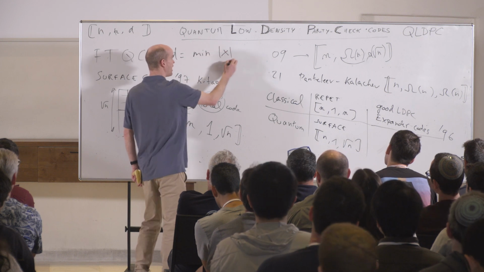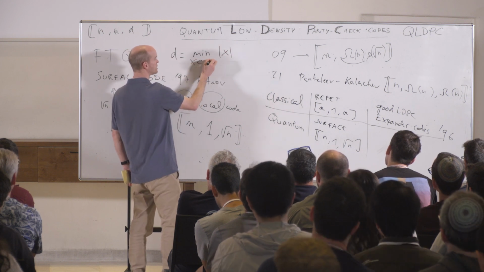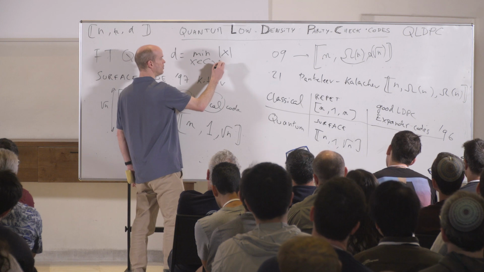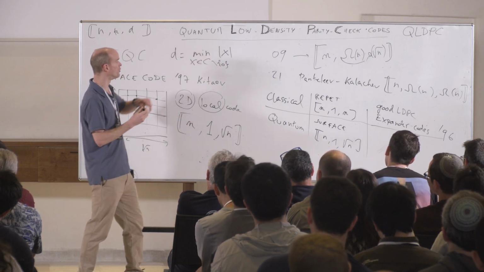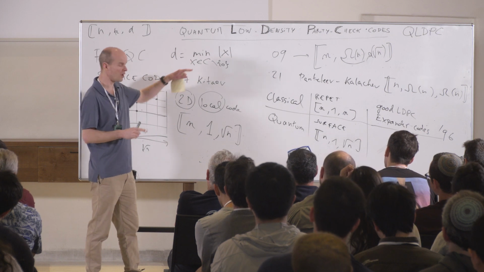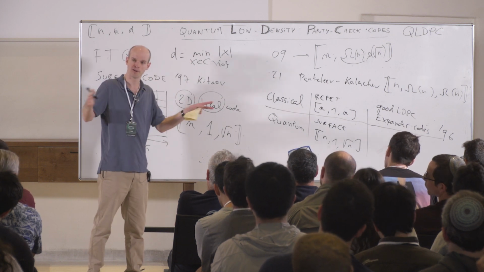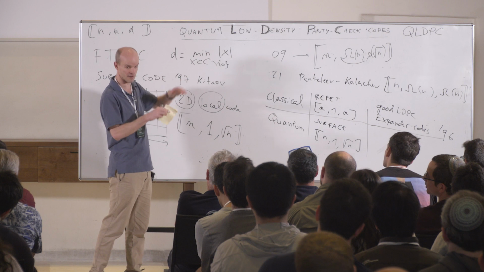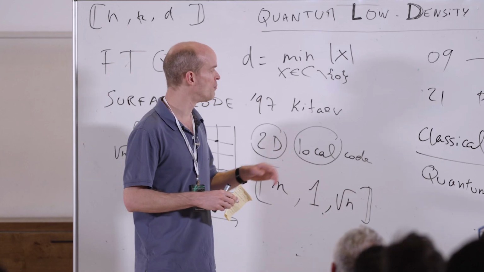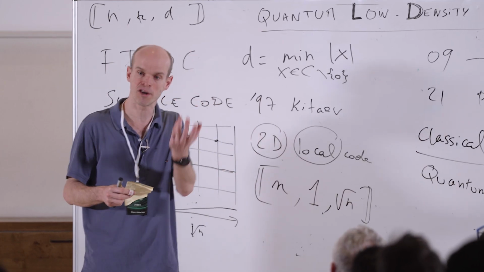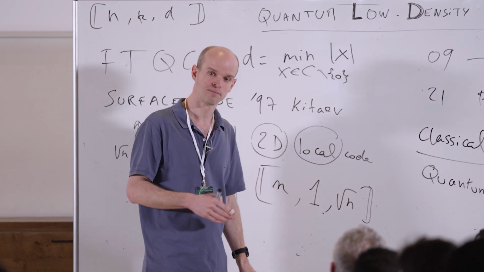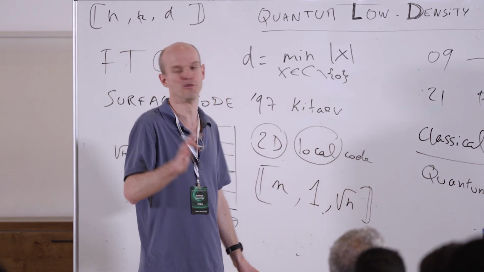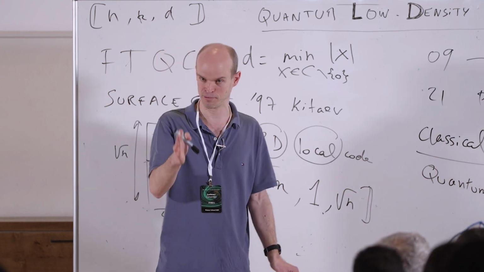For the repetition code, you have only 2 code words, the all 0 code word and the all 1 code word. So the distance is N. But you're right, the number of errors that you can tolerate is N over 2. The two quantities are related by a factor 2, basically.